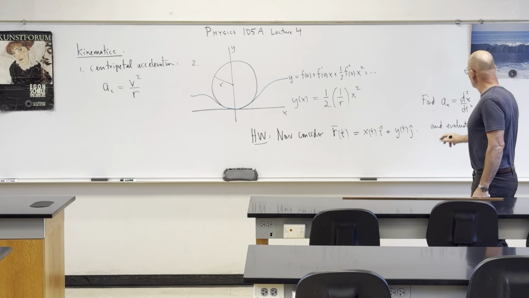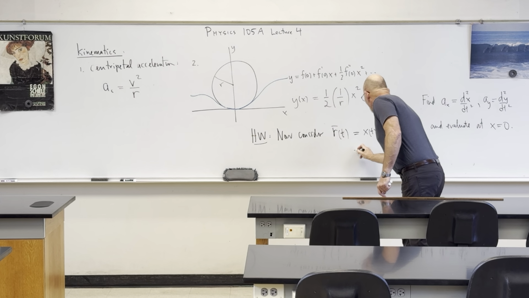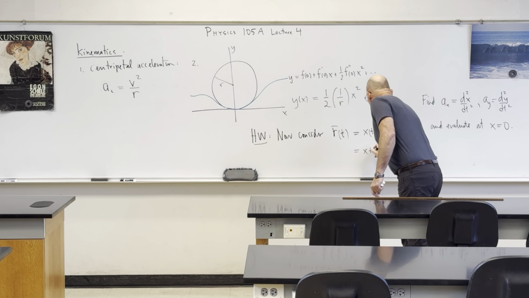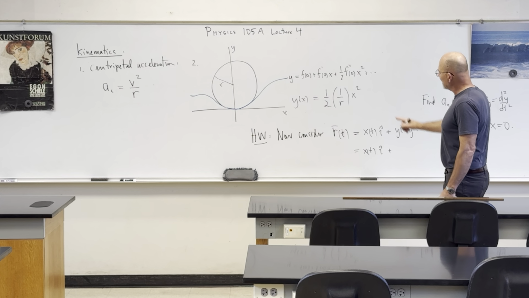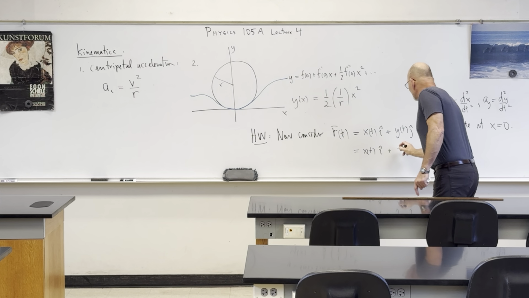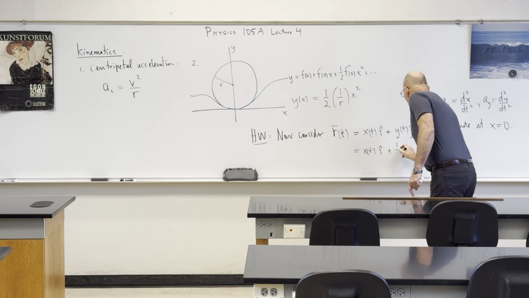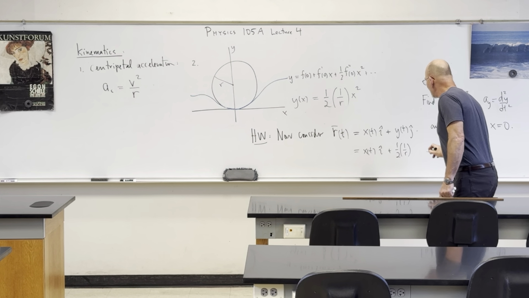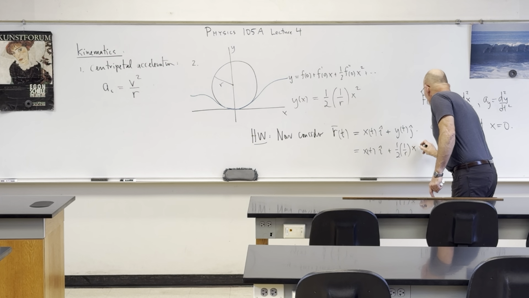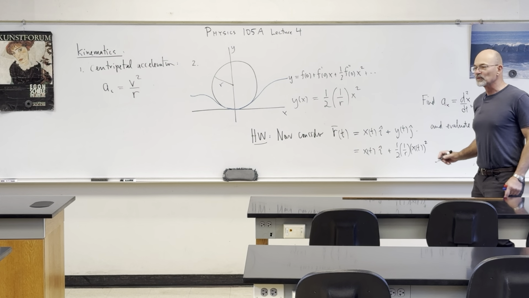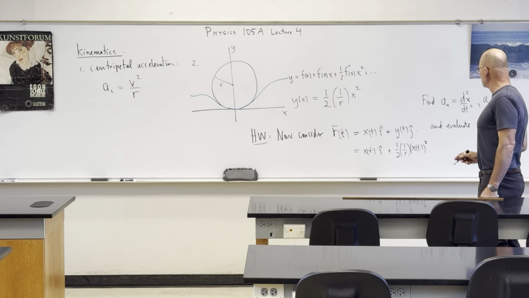Now to do this, let's make sure we realize what we have here. We've got x of t i hat, but for the y of t, we have to do this. That's 1/2, 1 over r, x of t, in parentheses, squared. Because we're traversing that curve down through the minimum.